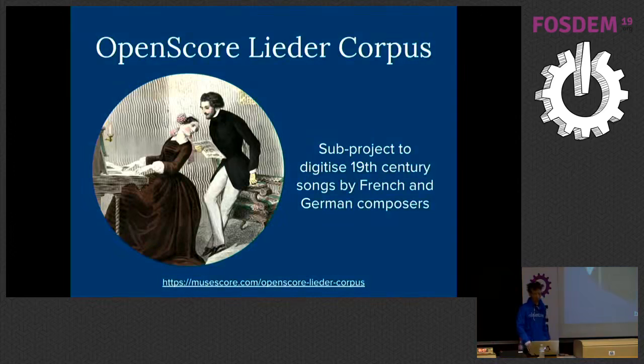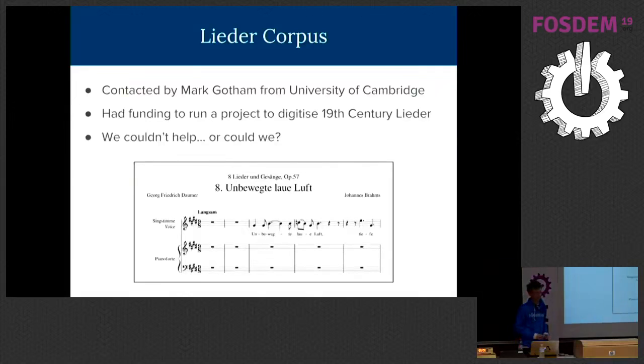So about this time we were approached by Mark Gotham from the University of Cambridge, who had funding to run a project to digitize 19th century songs for piano and a singer. At first we didn't think we could help him because we were struggling with our own project.